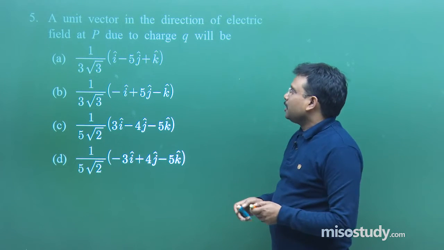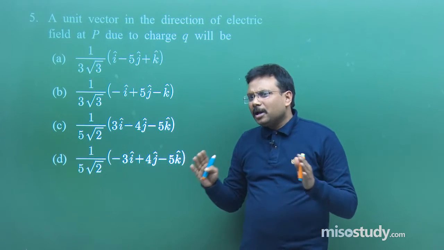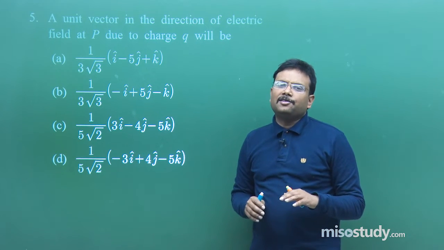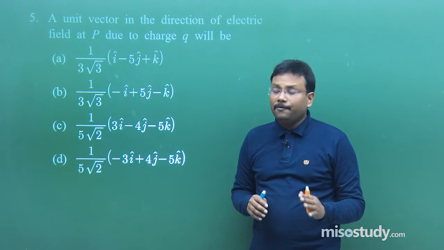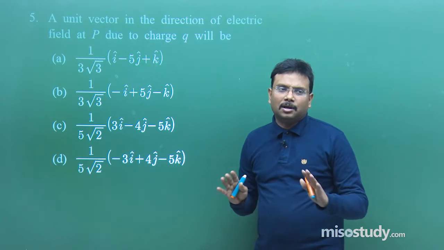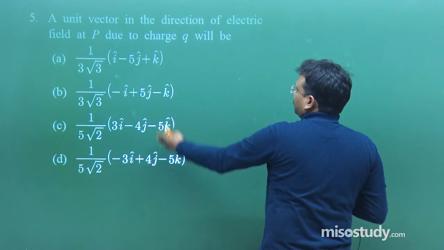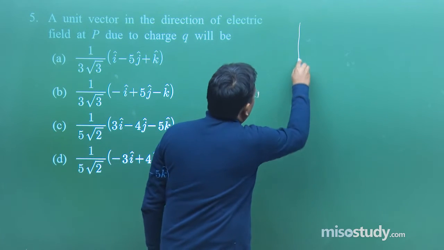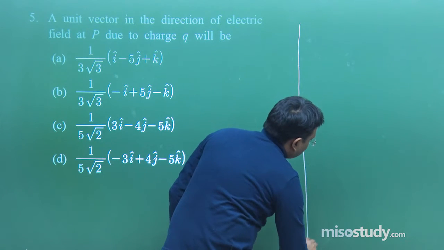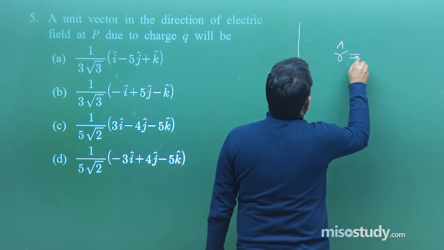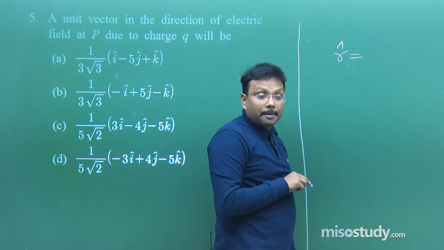Fine. Now, the question is based upon electrostatic charge, but the idea is associated with the concept of vectors and their properties. Let's try to find out the solution. Actually these are options, so right now we don't need to look at these options. I am writing the unit vector R. Why am I writing it?